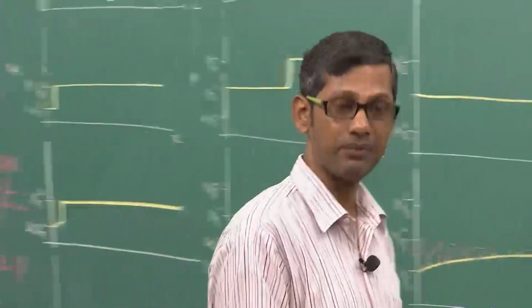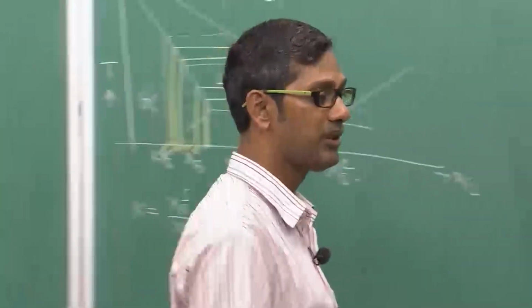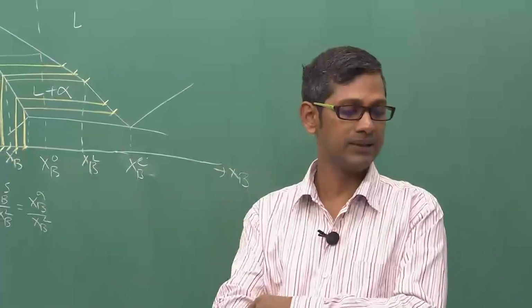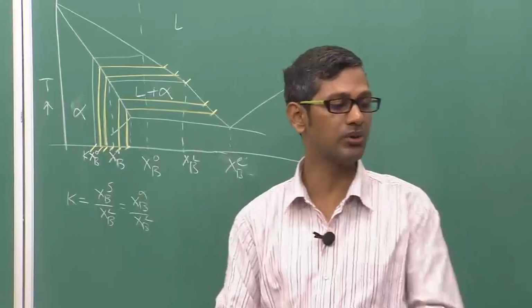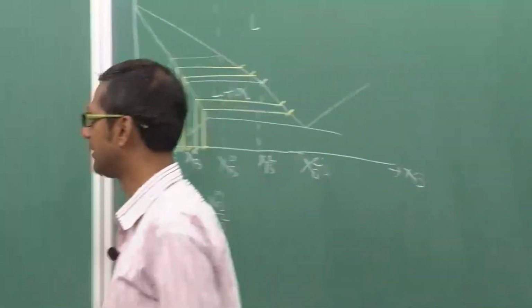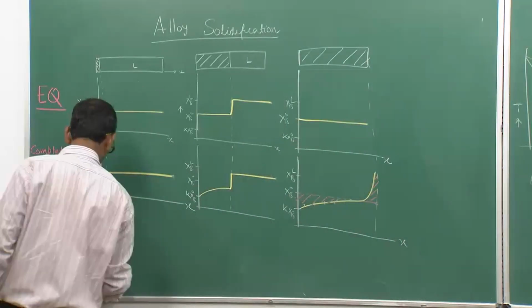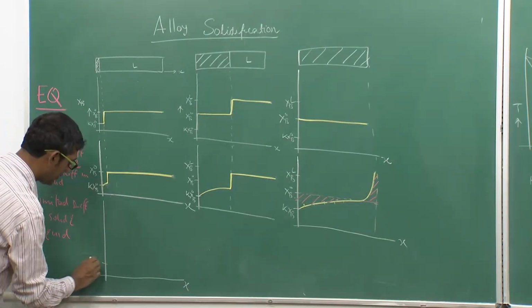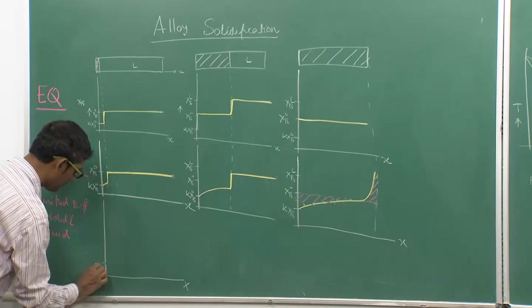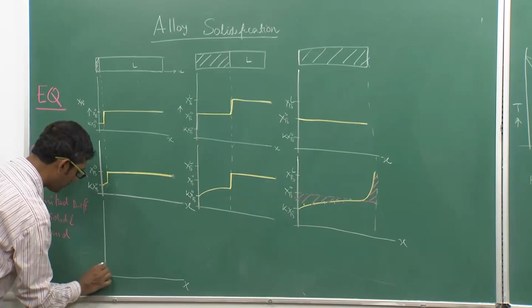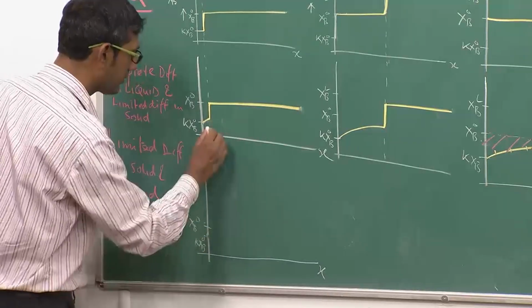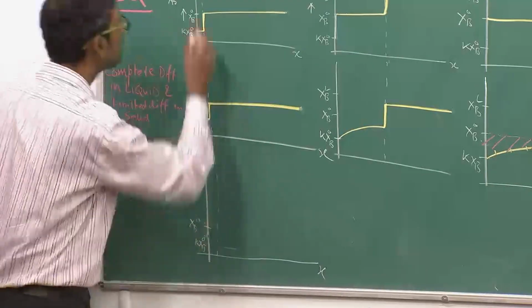Things will be completely different, okay, as we have seen here. The major difference will be mostly in the second and third part. So the first part will be almost similar, there will not be much change, Kxp0, Xp0, okay. So this is my interface, I am drawing this.